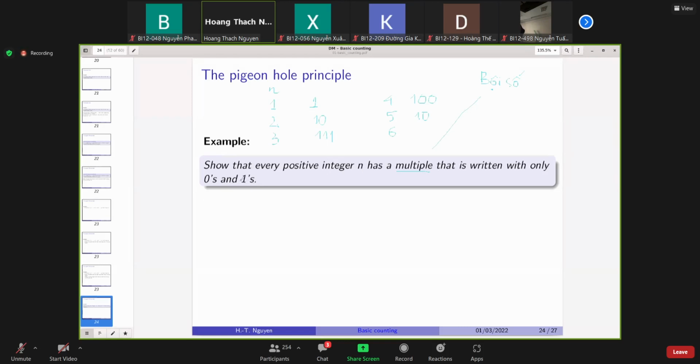The first one, S1, will be the set of integers m such that m is divisible by n.